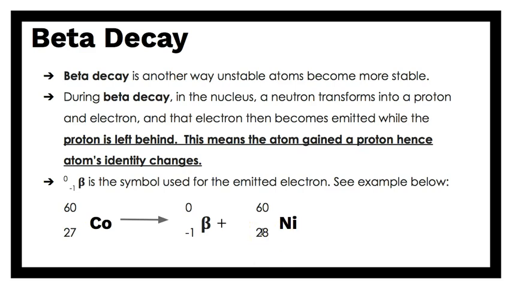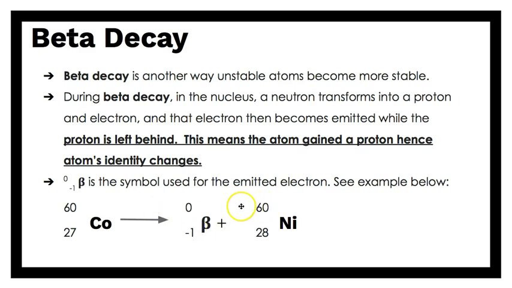And if we change the proton number, we change the identity of the atom. So it's no longer cobalt, it's now nickel. The mass stays the same. And if you think about it, a neutron has an atomic mass unit of 1. And if it turns itself into a proton, which also has an atomic mass unit of 1, then there's no net gain in mass, because you have something that weighs 1 and then it converts itself into something that also has a mass of 1.